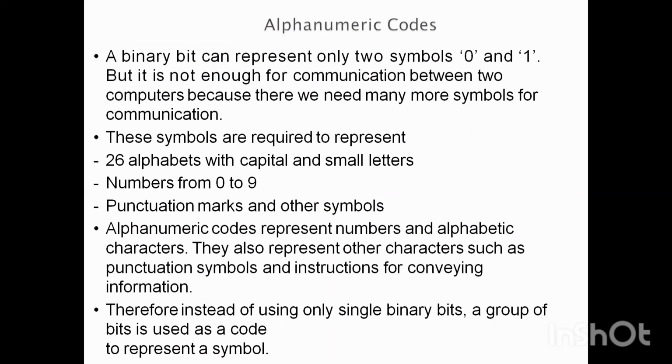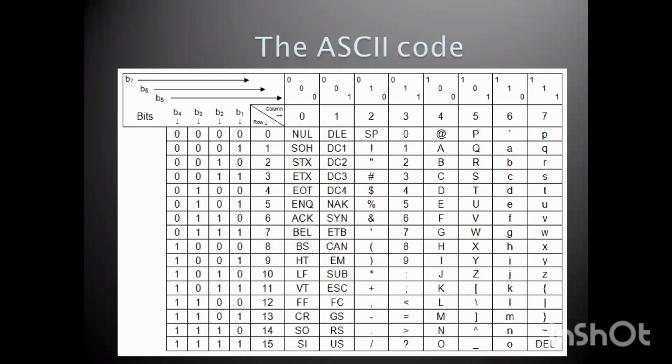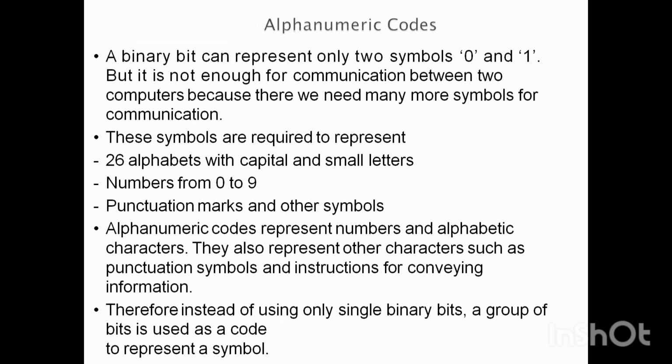The next one is alphanumeric codes. ASCII stands for American Standard Code for Information Interchange. It is a 7-bit code labeled X0 to X6. The 7-bit code is not processed by the machine or computer directly, so we can add a single bit, 0, in the MSB, the most significant bit.